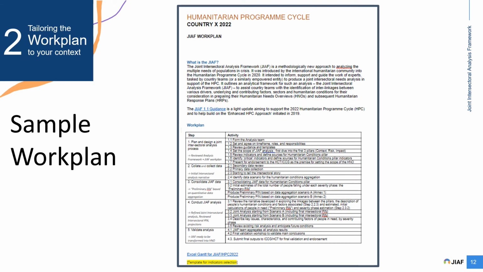So these 5 key steps of a JIAF process can basically be used to develop a work plan. Here you see a sample work plan that details the 5 steps and then details the activities in more detail. This sample work plan is available and can be accessed, so you can use it and adapt it to your local context.